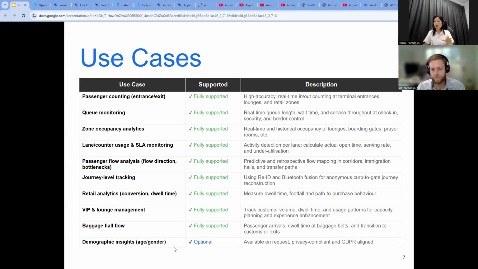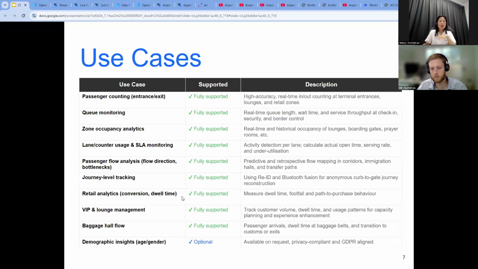So with all of our AI vision analytics, we can have a fully GDPR or any country's privacy law compliant manner. We can provide demographic breakdowns like age and gender. And this is for anonymized trend analysis, so supporting experience personalization and marketing decisions.